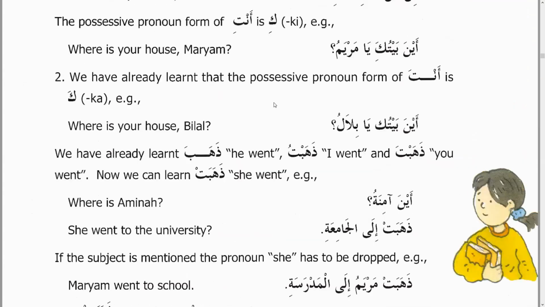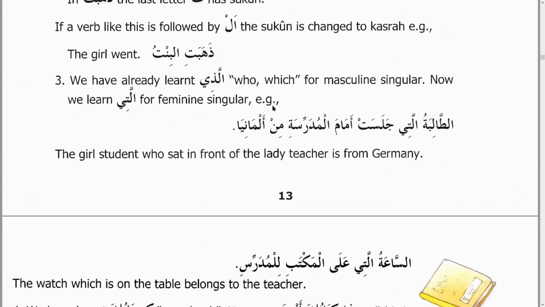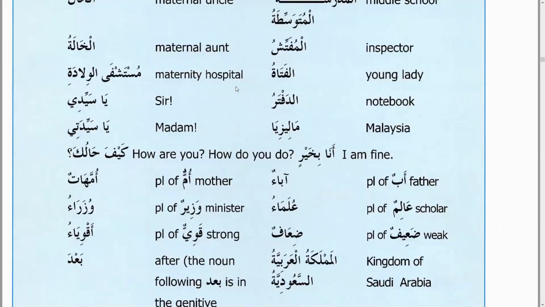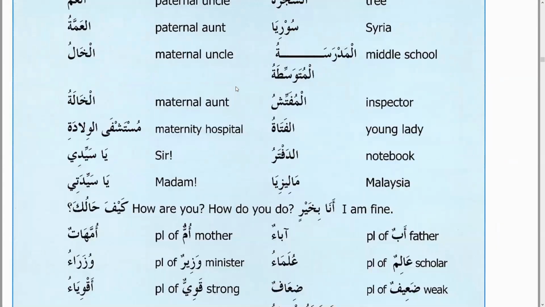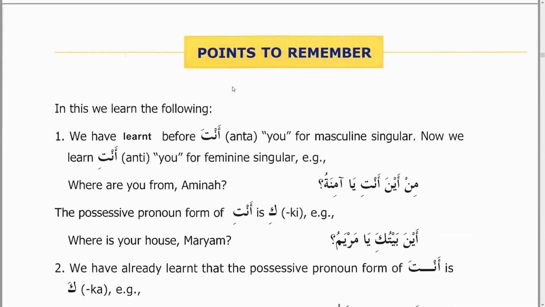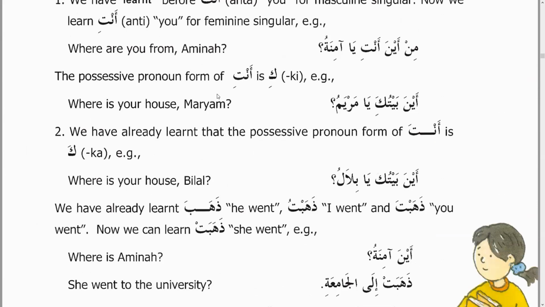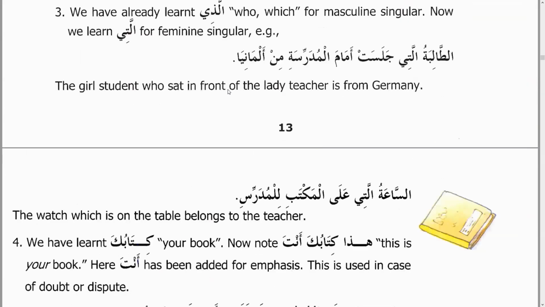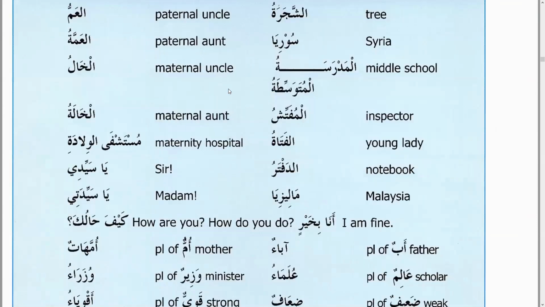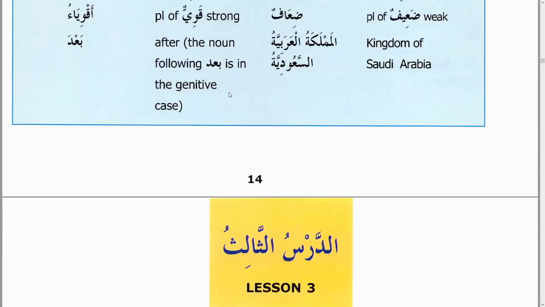We did all these in the last class, so we should always try to keep revising these lessons because it's very easy to forget the rules and all the qawaid of what we've learned. Inshallah, please try to revise these lessons, inshallah ta'ala.